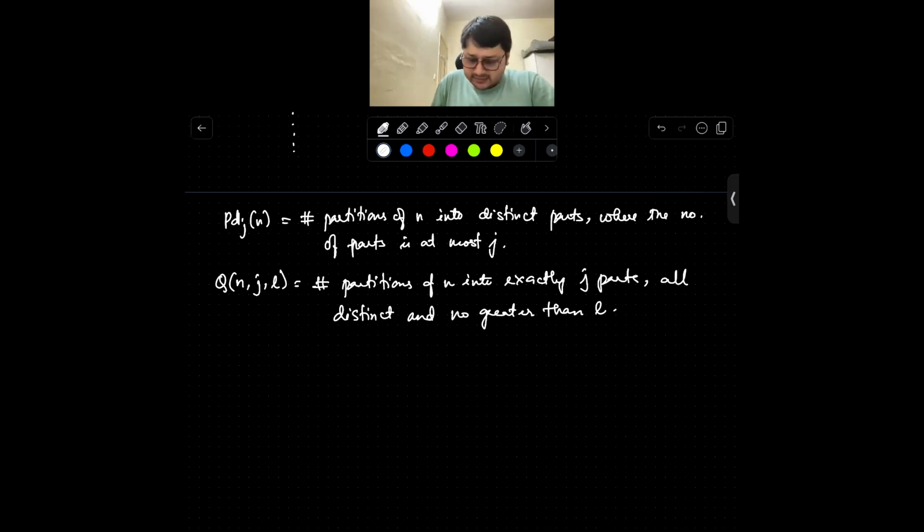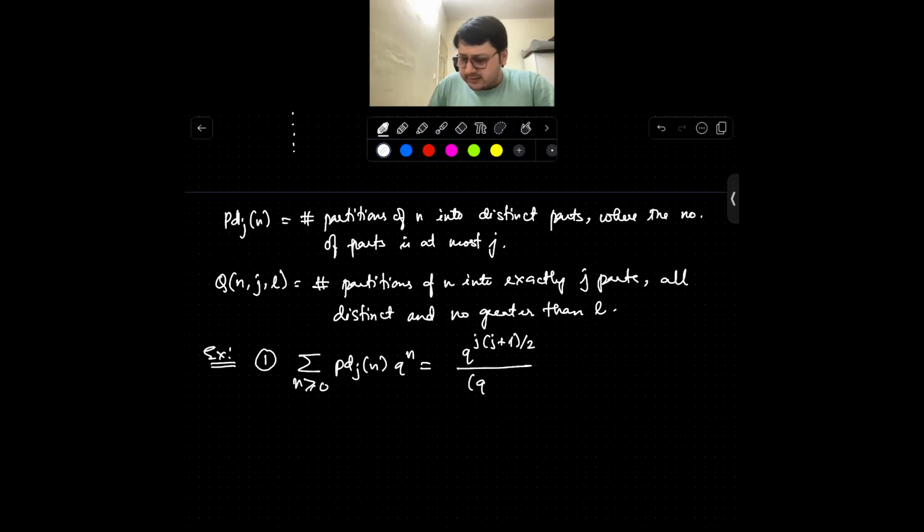This will be an exercise for you to prove, and it's very easy to prove using the combinatorial techniques that I have just mentioned. The first would be the generating function for PD_j(n). This is a single variable generating function, and I'm saying that this is equal to q raised to j times (j plus 1) by 2 divided by (q)_j.